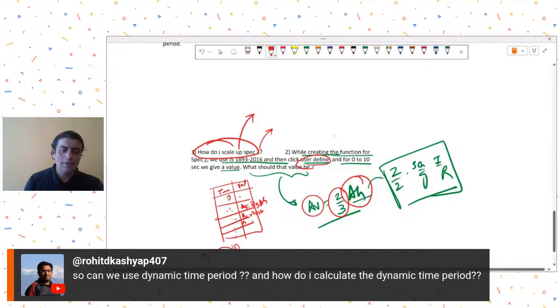I think the TL value in 1893 is given as 6 seconds. So go on defining till 6 seconds, and for every value put the value equal to 2/3 of AH. Put a constant value for each time period varying from 0 to the long time period value.